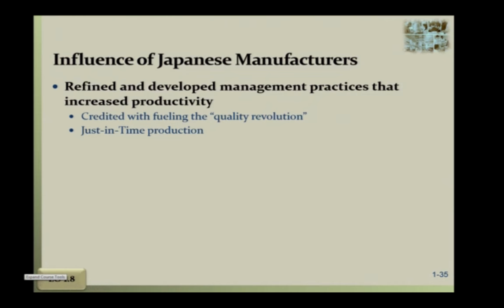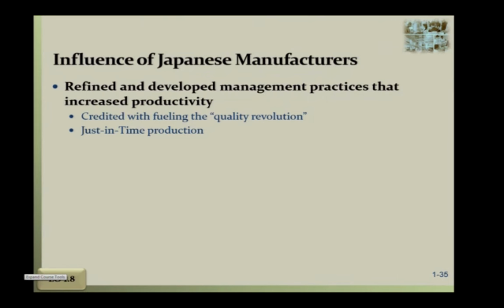A very important factor in operations is the influence of Japanese manufacturing. If you look at the Japanese economy before the Second World War, basically made in Japan was synonymous with shoddy, defective, poor quality products. And after the war, all of a sudden, the Japanese became the major manufacturer of high quality products.